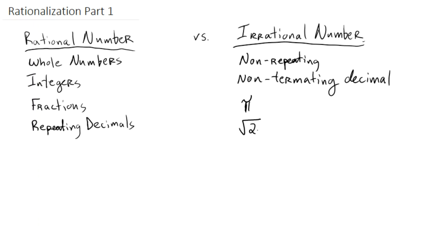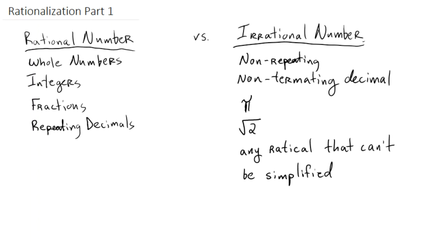It's a rounded-off approximation, because the square root of 2 is an irrational number that will go on forever and ever. So really, any of our radicals that we cannot simplify into a perfect whole number or an integer or a fraction, where there's stuff left under the radical that can't be square rooted or cube rooted or fourth rooted perfectly, those are going to be irrational numbers.